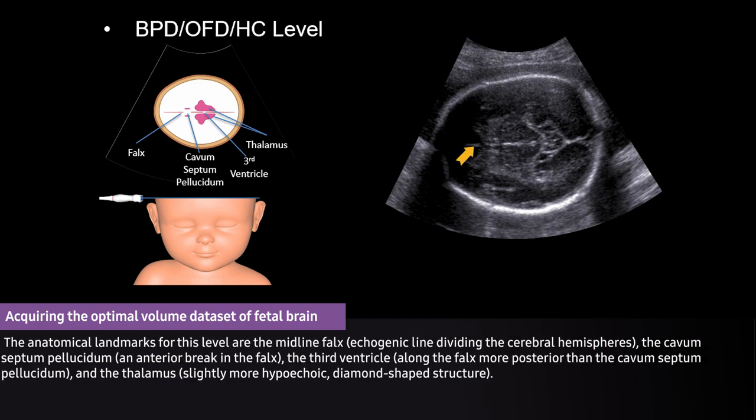The anatomical landmarks for this level are the midline falx, echogenic line dividing the cerebral hemispheres, the cavum septum pellucidum, an anterior break in the falx, the third ventricle along the falx more posterior than the cavum septum pellucidum, and the thalamus, slightly more hypoechoic, diamond-shaped structure.